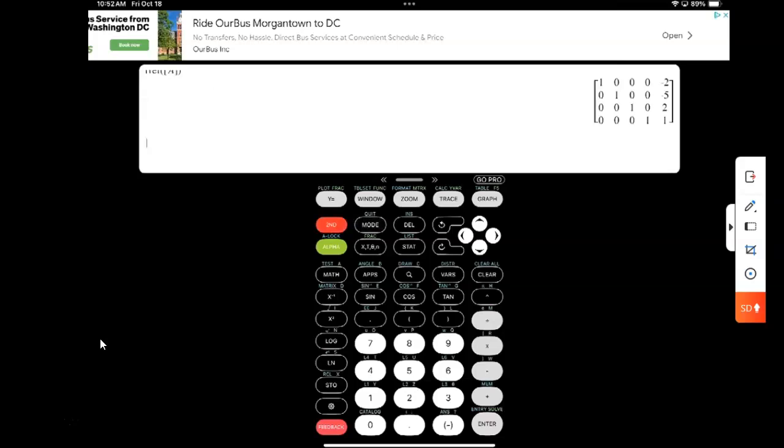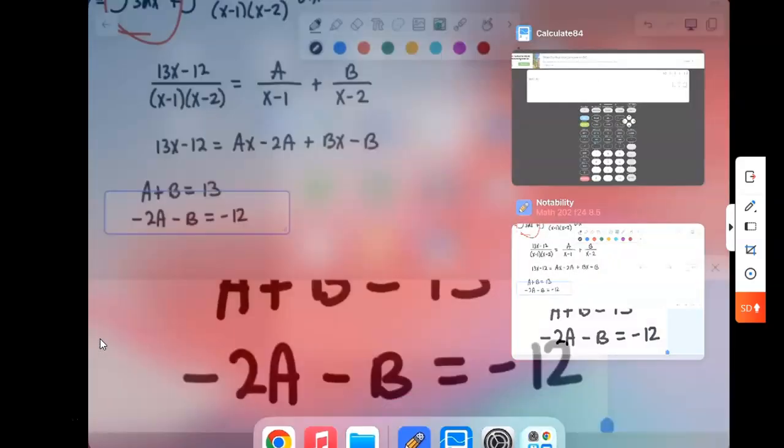Go to matrix again. We're going to do math, and scroll up to RREF. And again, second matrix, names, matrix A, and solve. And so when I solve here, we can see we get negative 1 and 14.